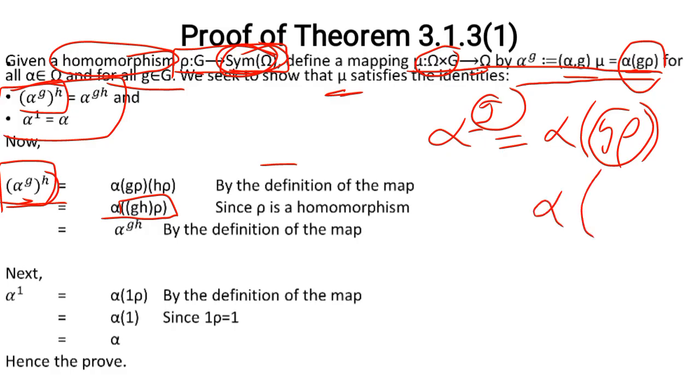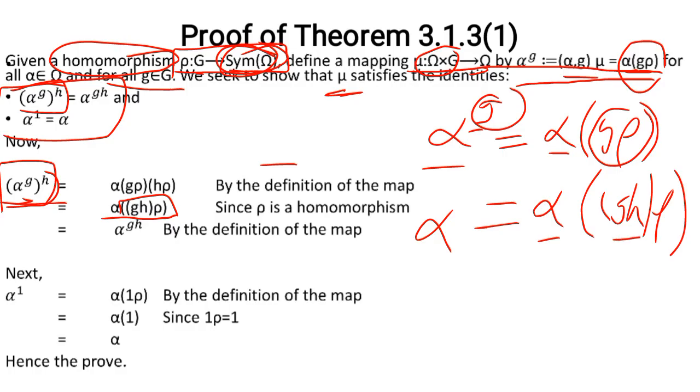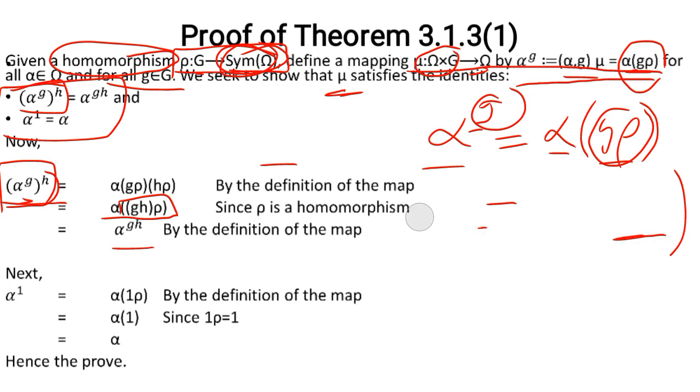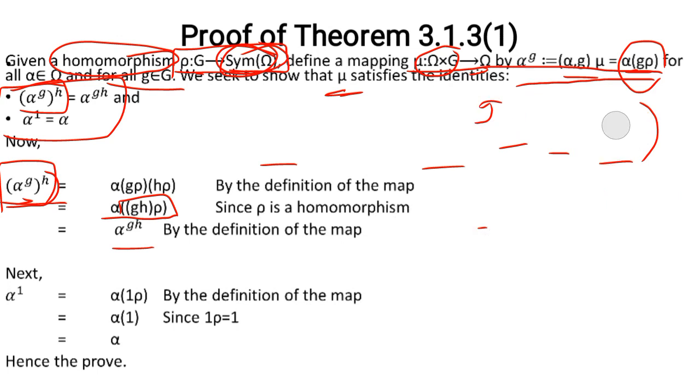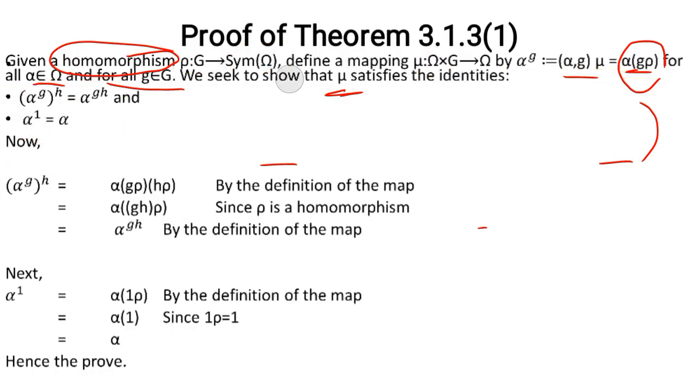We have GH and rho here. So what would that look like on this side? There's alpha, there's alpha, so there's definitely going to be alpha here, and instead of G, we have GH. So definitely I'm going to be writing GH up here. That's how we got this value here, simply following the definition. You just compare the definitions and get your output. Okay, so we finished the first identity.